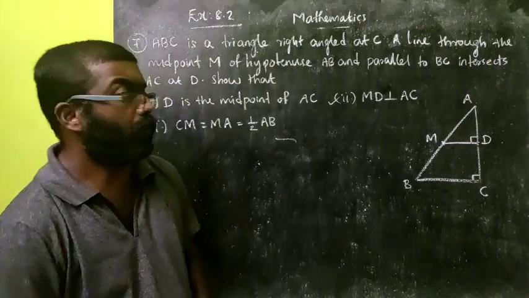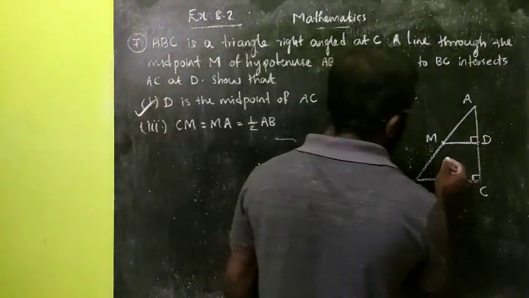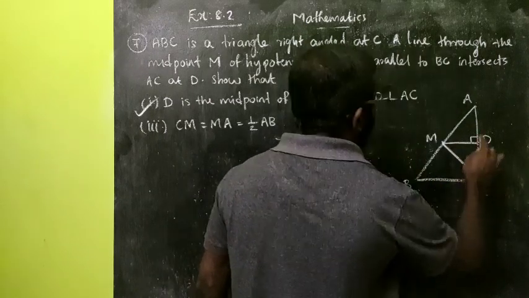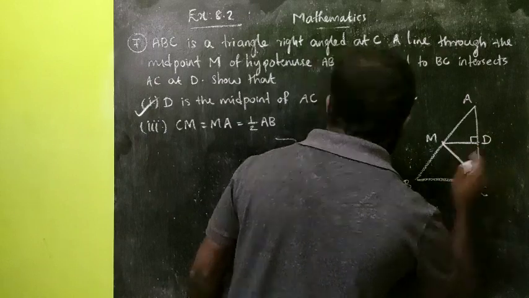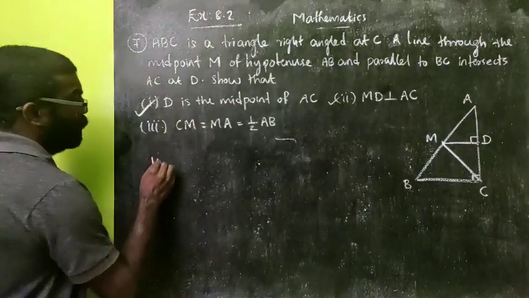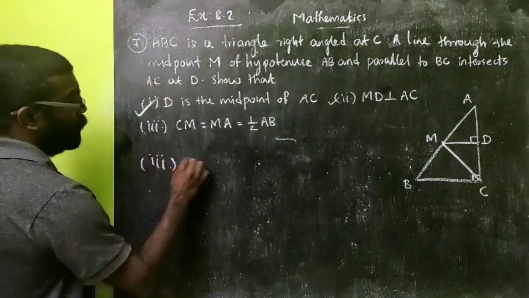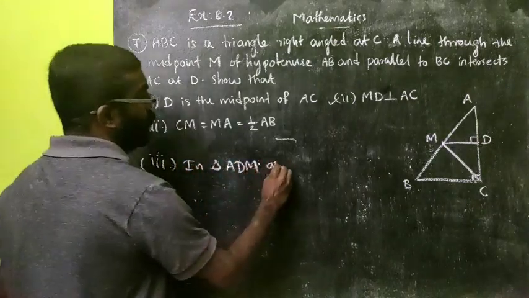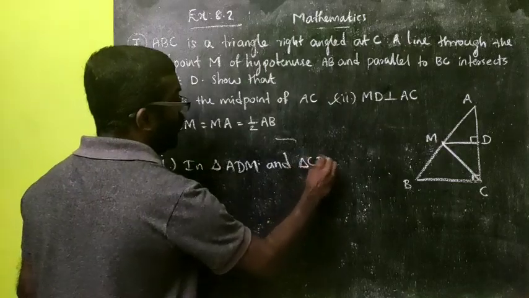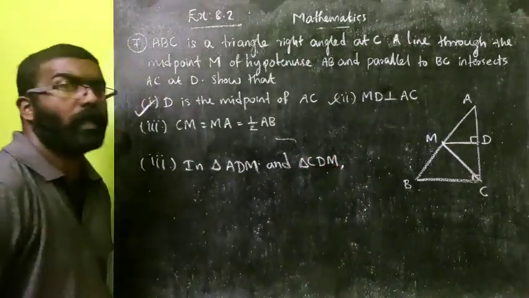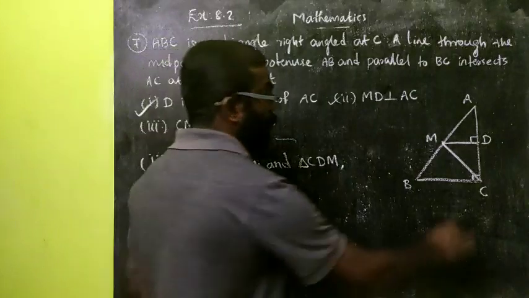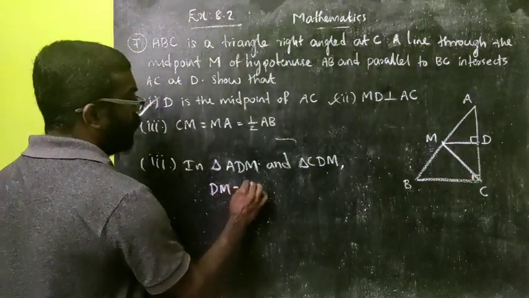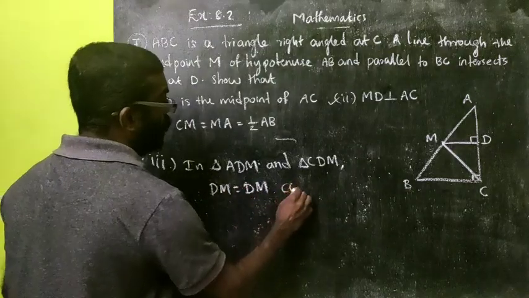In order to prove the third part, we can draw one more line. We can join CM. Consider the triangle ADM and CDM. So in triangle ADM and triangle CDM, we are going to prove these two triangles are congruent. So here DM is the common side. So DM is equal to DM, common.